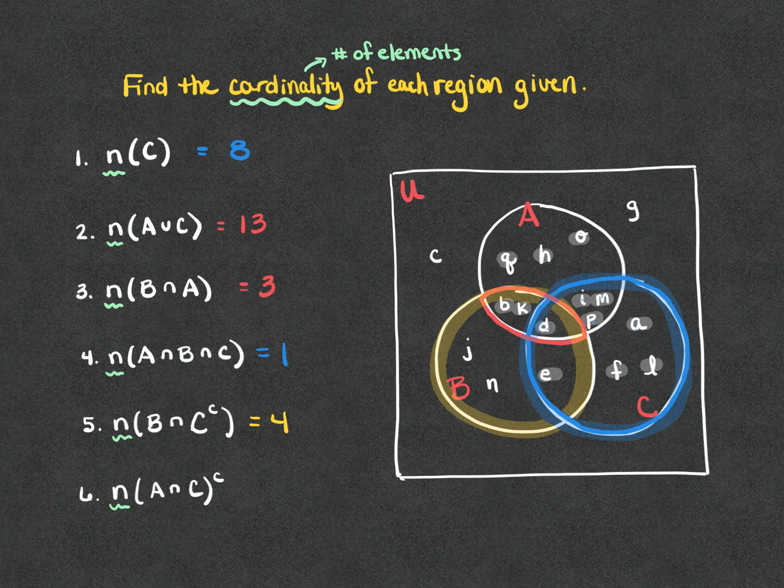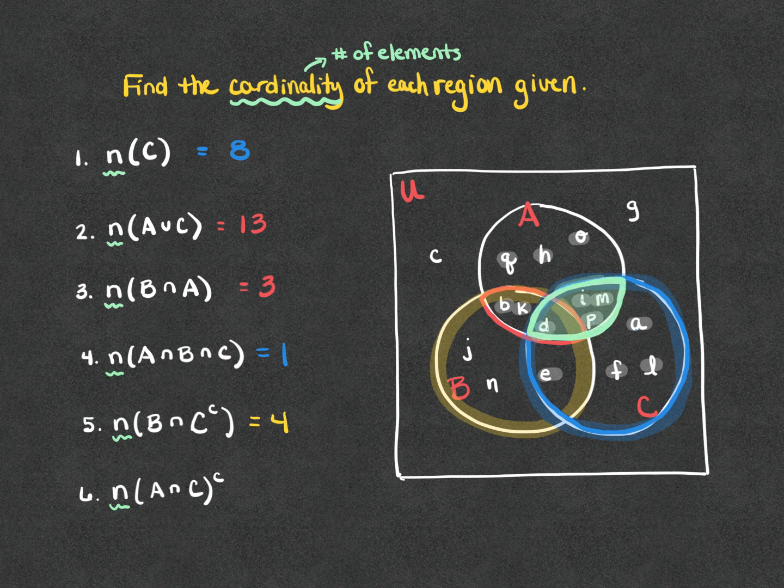And then last but not least, we want the cardinality of A intersect C complement. For A intersect C, what we're looking for is where does set A overlap set C. And so the area of overlap is the one I am shading right here. That is the region of overlap. This region right here.